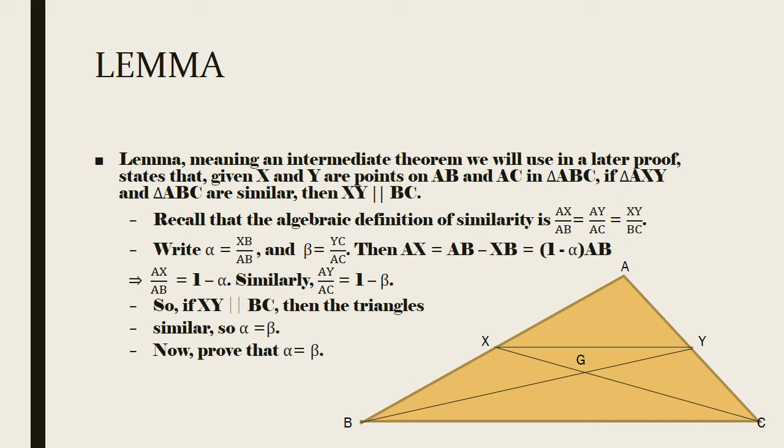Then we can say that AX over AB is equal to 1 minus alpha. Similarly, AY over AC is 1 minus beta. Greek letters are difficult. So, if XY is parallel to BC, then it follows that alpha is equal to beta. And so now we're going to try and prove that alpha is indeed equal to beta.